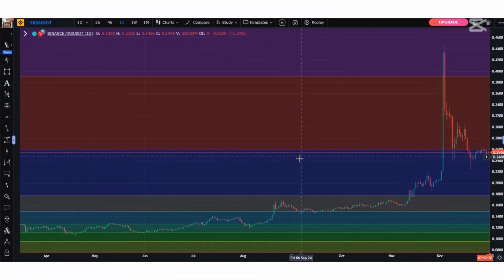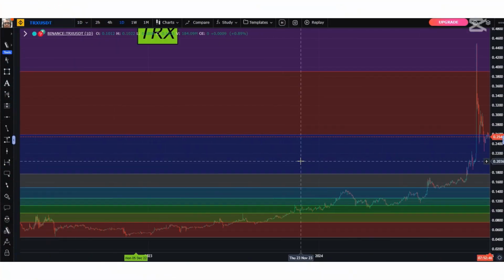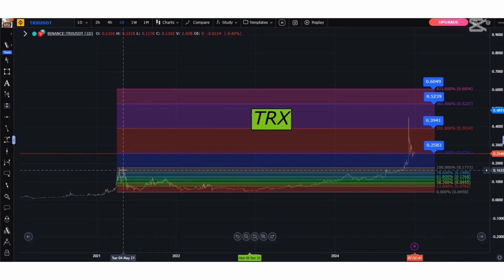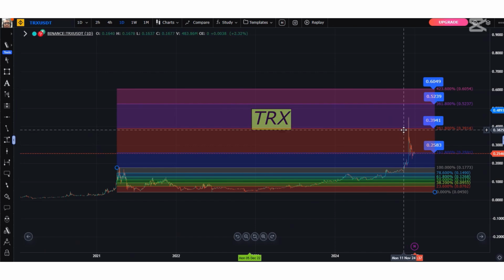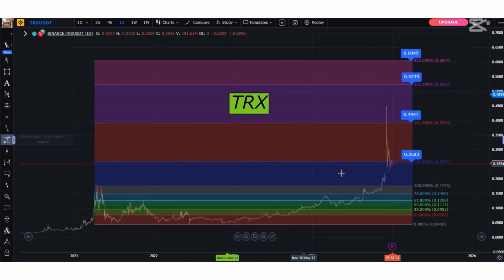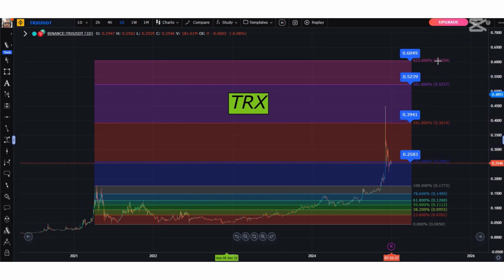Now Tron, I'm not really liking the look of Tron as much right now. It already had a massive run since the 2021 high. As you see here, we're already above the 261. I don't know how this is going to be looking going forward, but if we're just sitting up here, that's a 1.3x on your money.